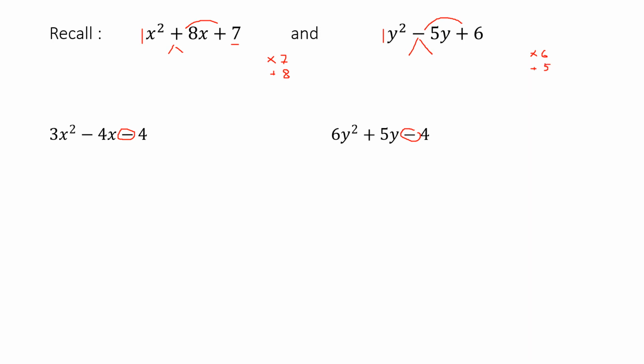But in this case, if we multiply the last two numbers, it comes 12. So it means by multiplication we need 12. Oops, I wrote this here next to it. And this time the sign is subtraction, so by minus you need the middle number 4.